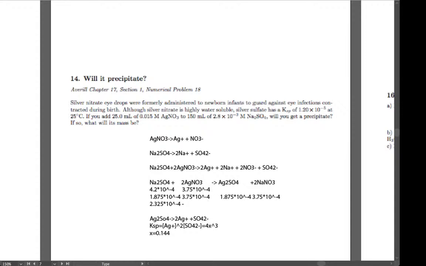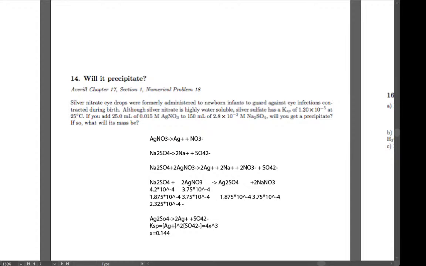And then for the Ag2SO4, because I know what the KSP is, could I just use that? The amount of Ag, yeah. You can just assume that it subtracts by X.